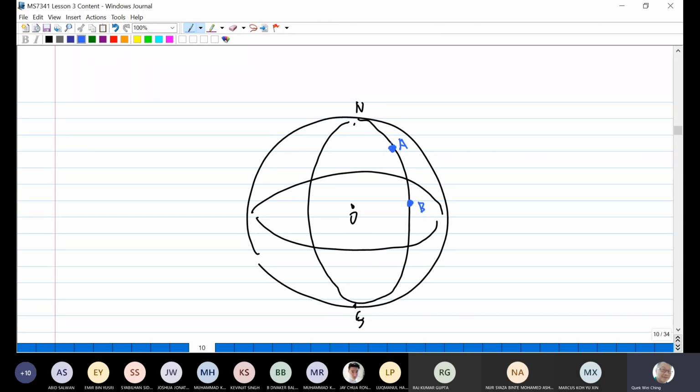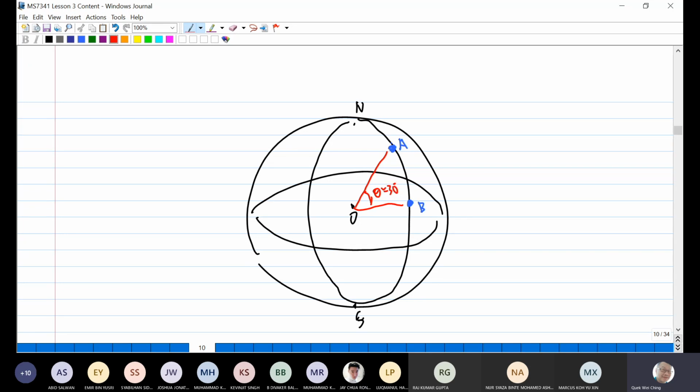So what is the distance between A and B now? You can measure from the center of the Earth. Okay, what is this angle? Let's say this angle is 30 degrees.